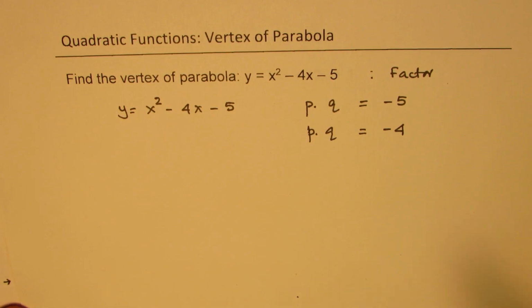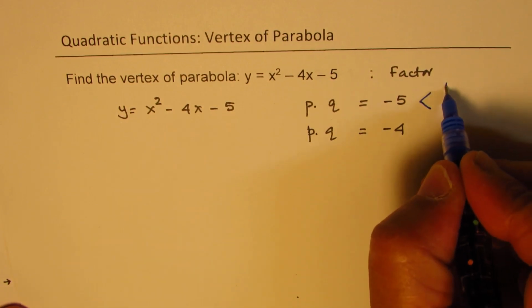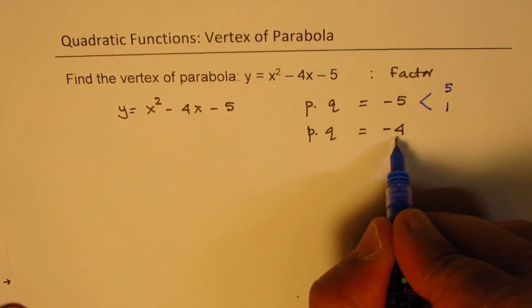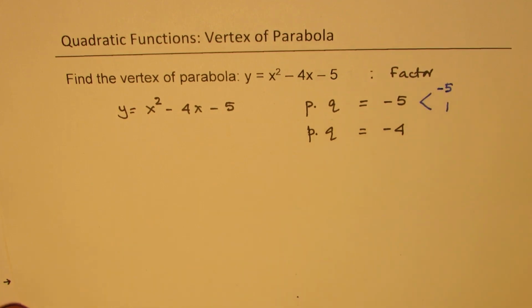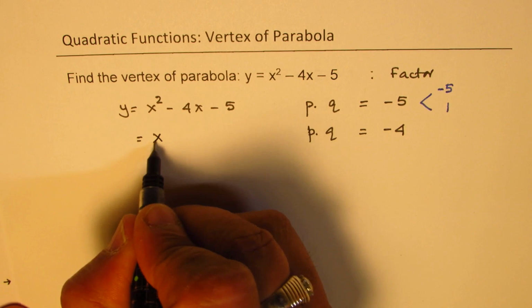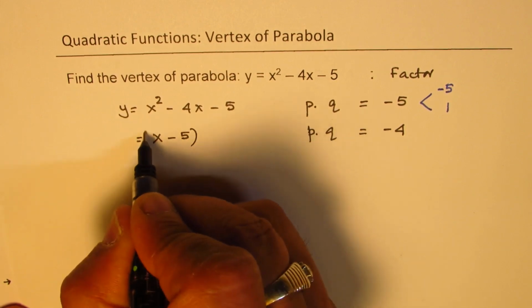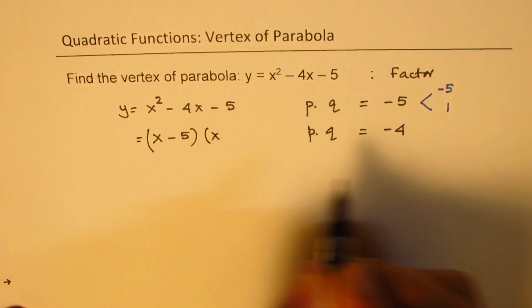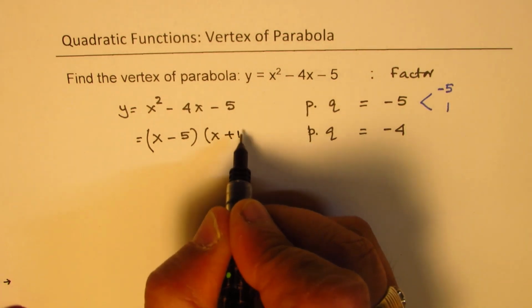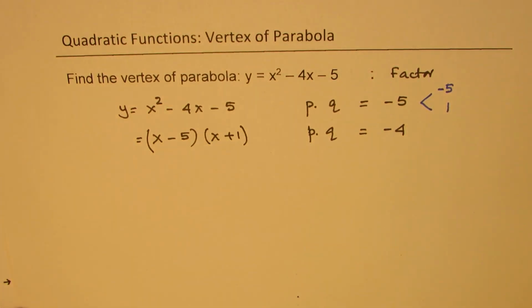So the two numbers could be 5 and 1. Since we want the sum to be negative, the bigger number should be negative. So we can factor this and write it as x minus 5 times x plus 1, right? I'm not really discussing the steps to factor, but we are using these strategies, correct?